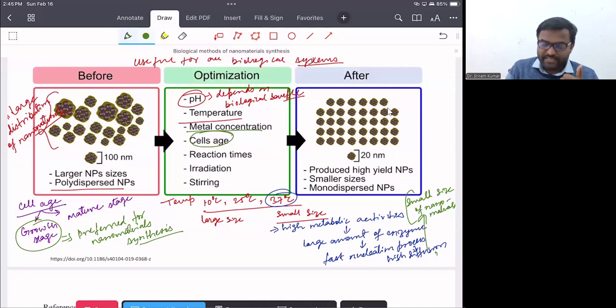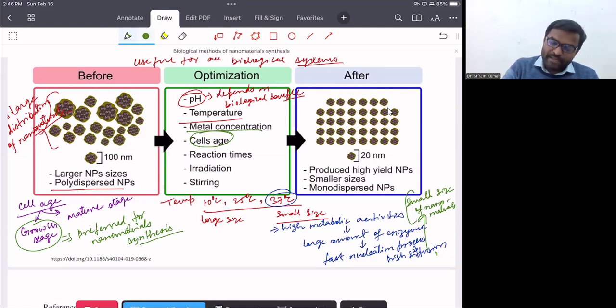At that stage there is high metabolic activity of the bacteria, so the kinetics of nanomaterial growth is very high, and we get a high output of nanomaterial synthesis if we use the growth stage as compared to the mature stage.